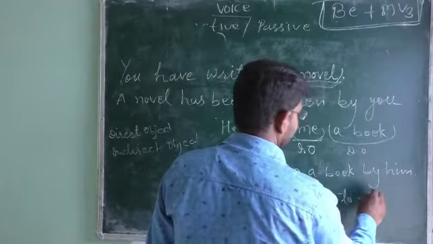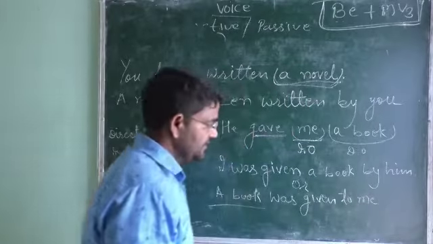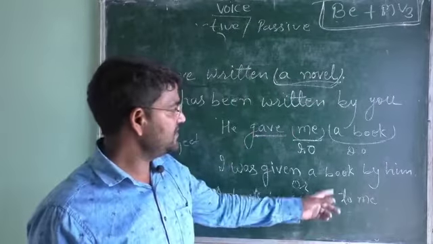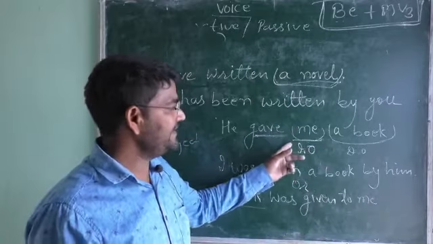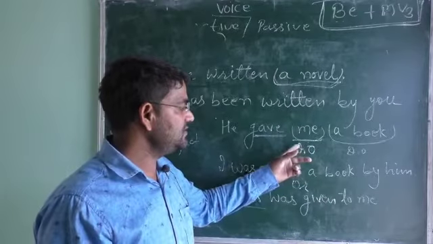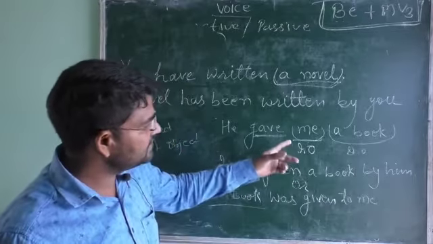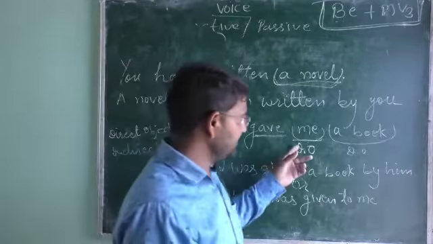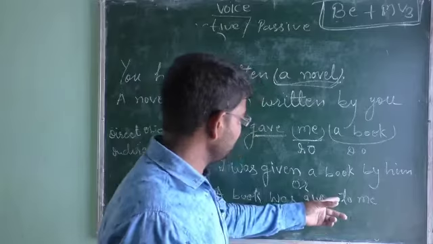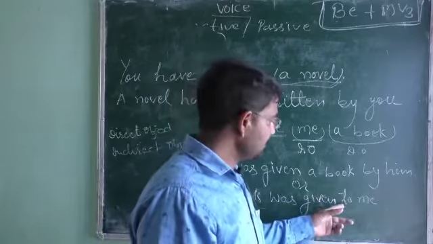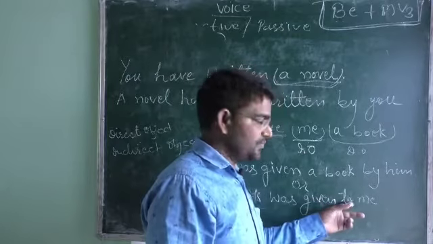Keep in mind the important thing: if the indirect object is not used as a subject, it remains here and we add the word to: to me.